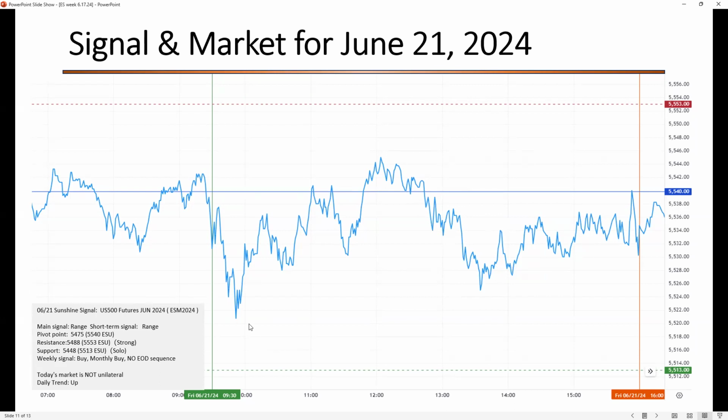So this was another narrow day range, but the levels still gave some opportunities, and you just had to be quick with your exits and not hold your trade for too long.